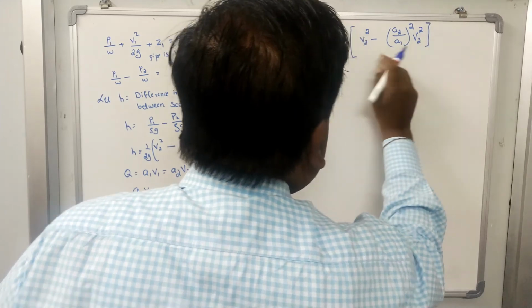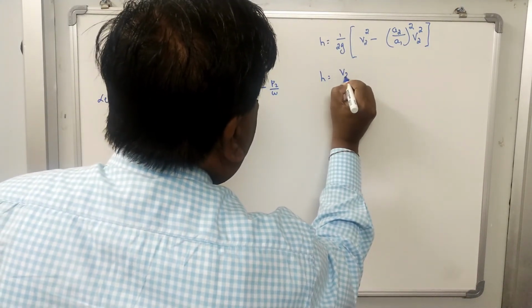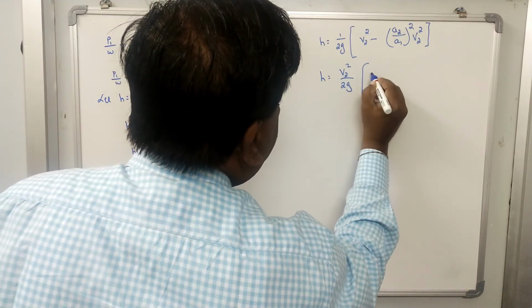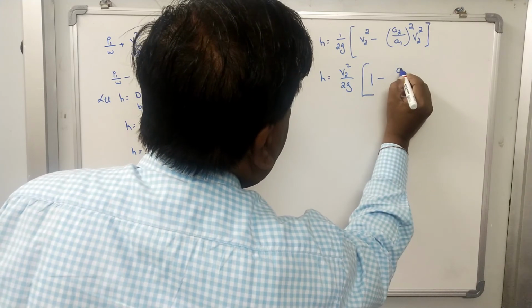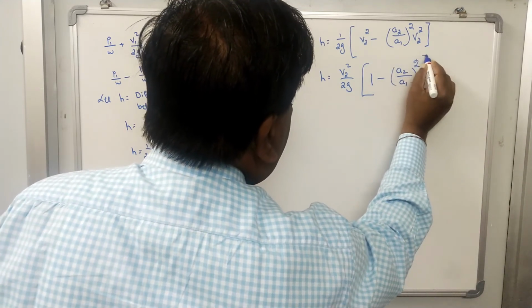Since V2 square is common, H is equal to V2 square by 2G times 1 minus A2 by A1 square.